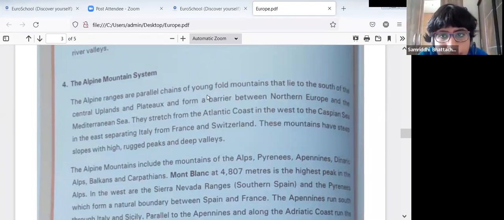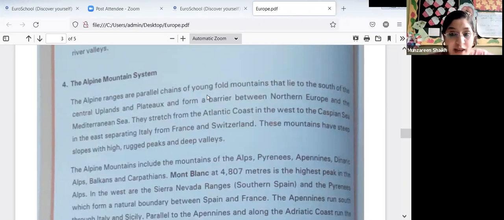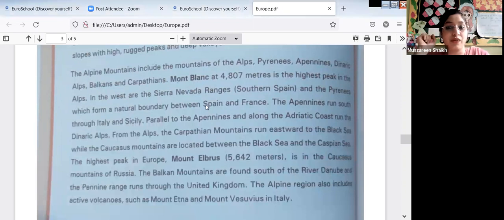The Alpine mountains include the mountains of the Alps, please underline, then the Pyrenees, Alpines, Dinaric Alps, Balkans, and Carpathians. Mont Blanc at 4,807 meters is the highest peak in these Alps.